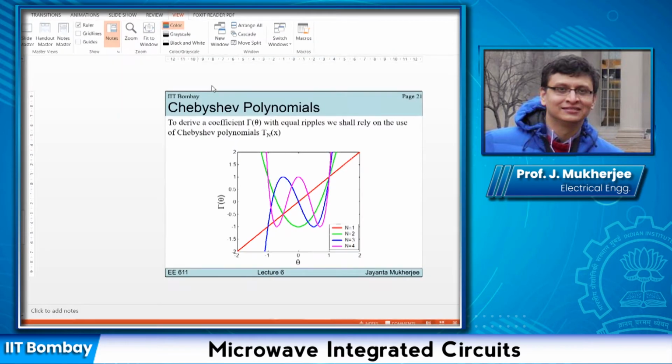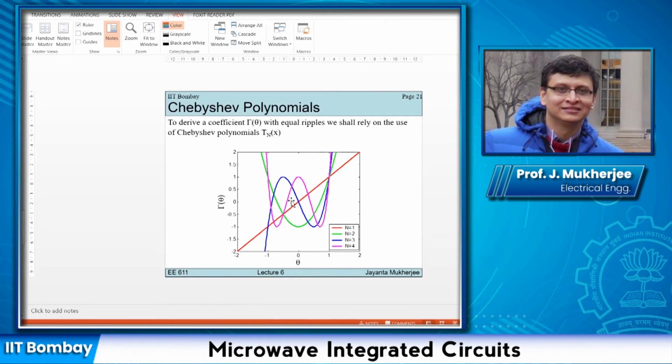Right, it's visible. So let us take a look at this graph. Here the x-axis is the x value and the y-axis is the value of the Chebyshev polynomial. As you can see, for now these have been plotted for the various orders like n equal to 1, n equal to 2, n equal to 3, and n equal to 4.